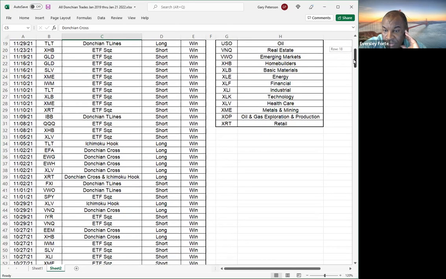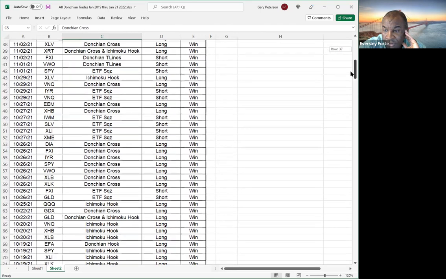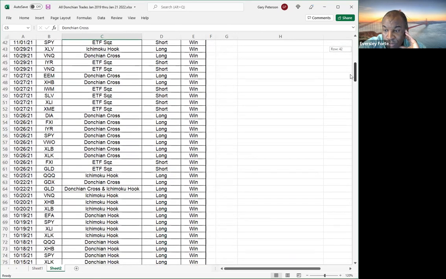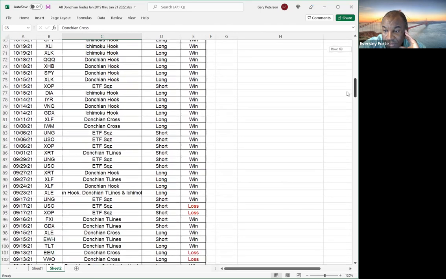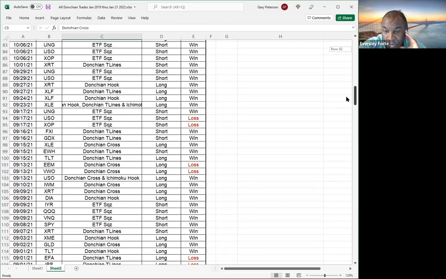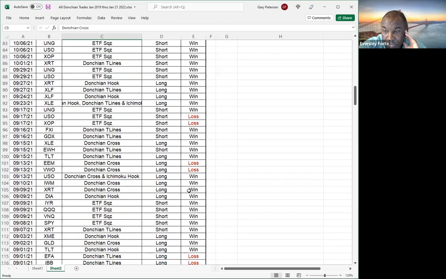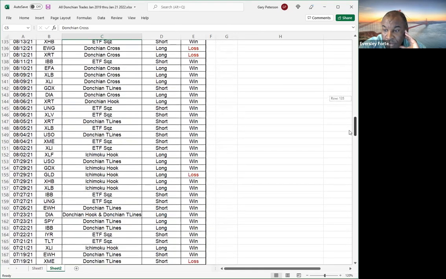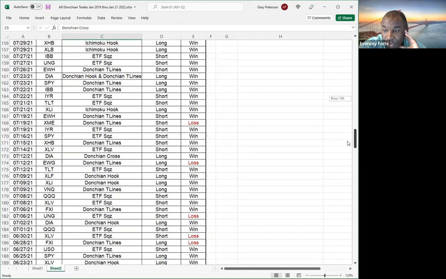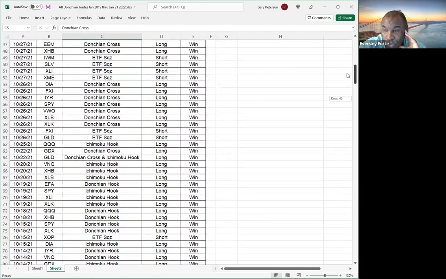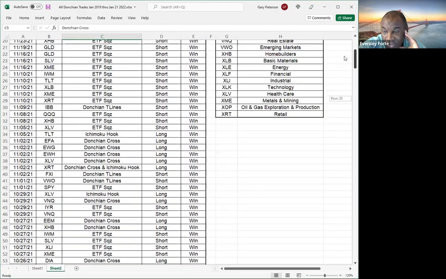Where are the losses? It's November, no losses, no losses. This is going back to October, no losses. The last set of losses were in September expiration. Then before that, very, very few. But October through April is when we see the biggest profits.